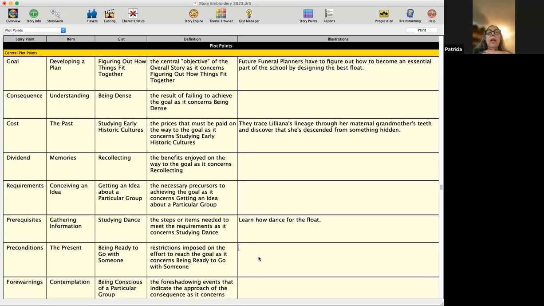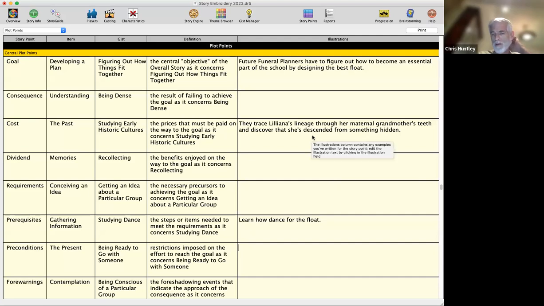Nilda, or Liliana? Right. I thought it was Nilda. She discovered that what everyone was keeping hidden was a tie to great theater people in the past. Oh, that's what you were saying. We just had that she's descended from something hidden, didn't actually identify.